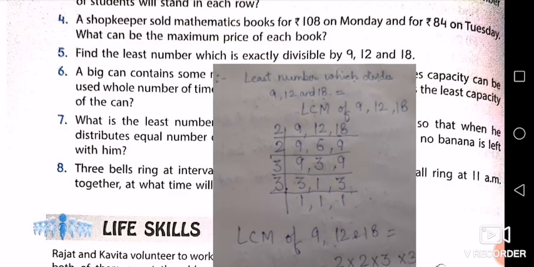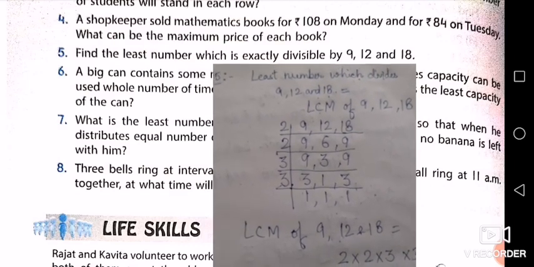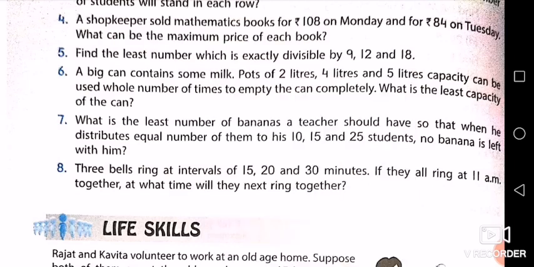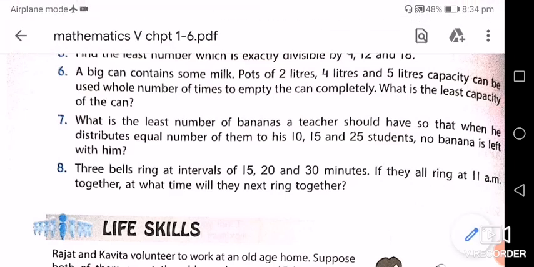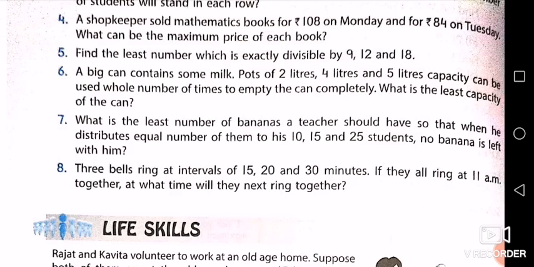So let's start our next question. A big can contains some milk. Pots of 2 liters, 4 liters and 5 liters capacity can be used a whole number of times to empty the can completely.